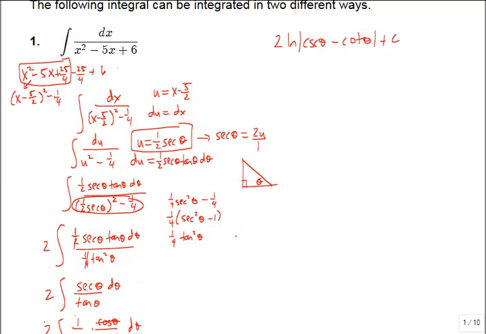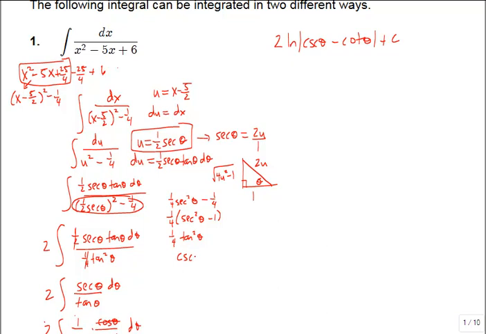And remember that secant theta is hypotenuse over adjacent. So my hypotenuse will be the 2u and my adjacent side will be the 1. So Pythagorean theorem tells me that the hypotenuse squared minus the leg squared under a square root will be the other leg. So this will be 4u squared minus 1. So in my answer up here, I need to know cosecant theta and cotangent theta from this triangle.